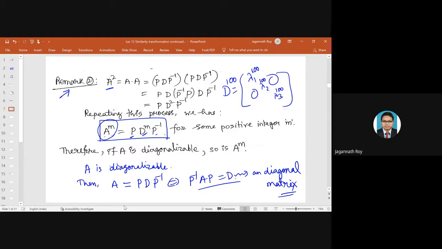Similarly, if A is diagonalizable, you just have to calculate these two matrices, and the power is put directly. So you will get this matrix. This is why we are interested in diagonalizable matrices.